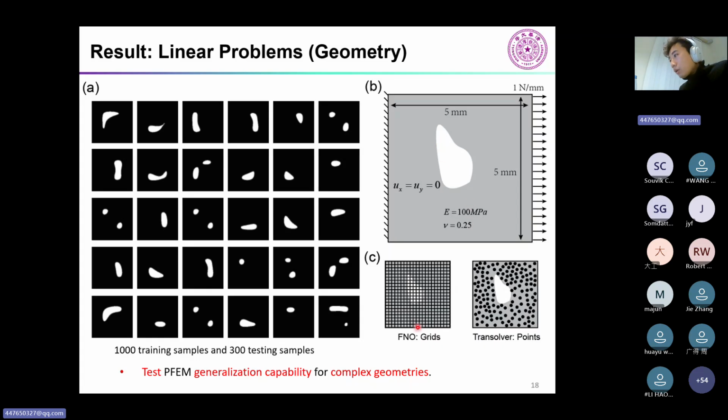However, in FNO, we have to get the grid, with each grid at one point. If in the hole, the value is usually 0. However, in Transolver, we only use points. We don't need to input the points in the hole. So we will test PFEM's generalization capability on this problem, especially for complex geometry.